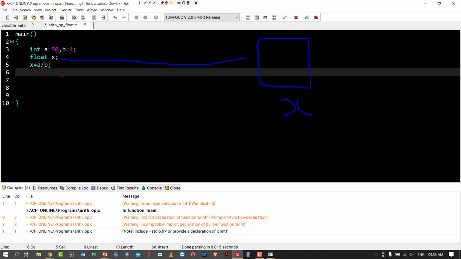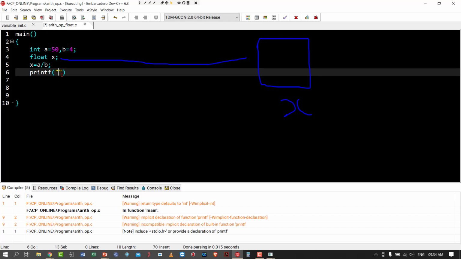Suppose I want to print the value of x. How will I print it? Printf. What is the type of x here? Float.